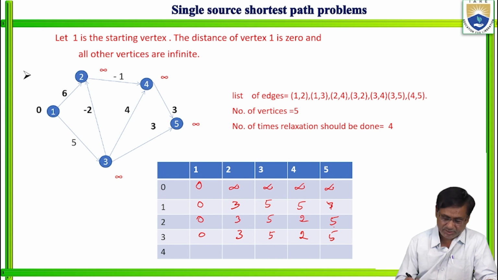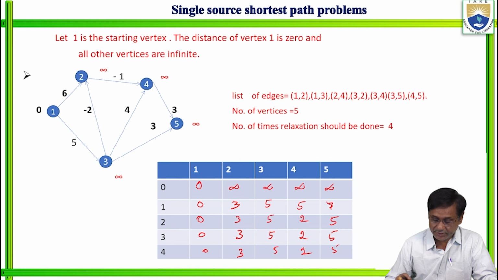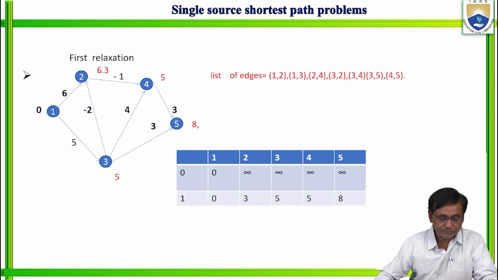That means there is no change for the third iteration. For the fourth iteration also no change. So like that we can see the values.